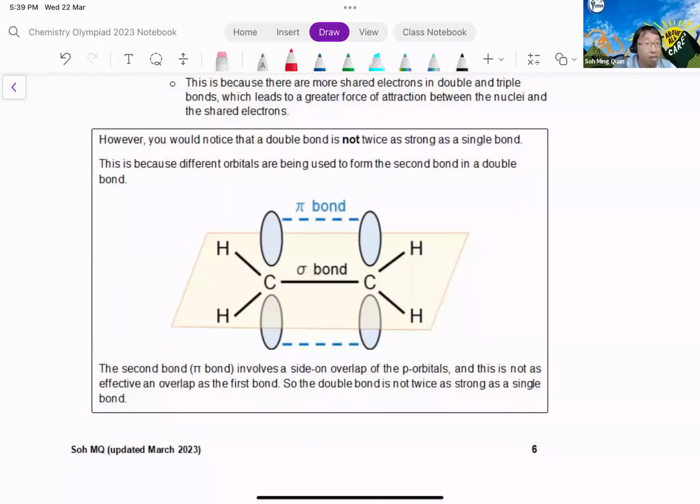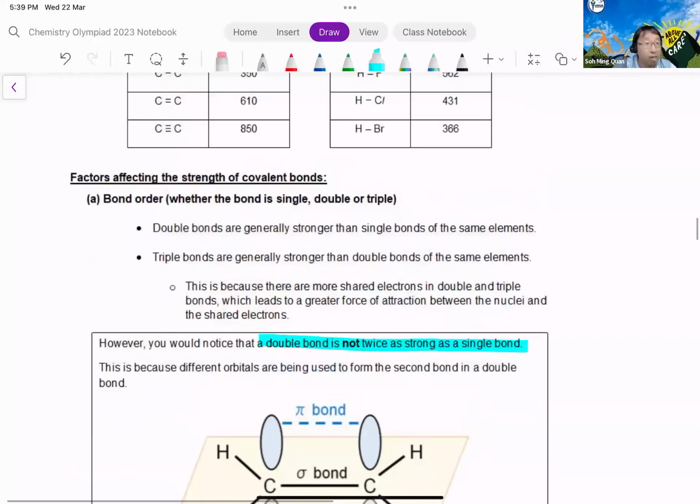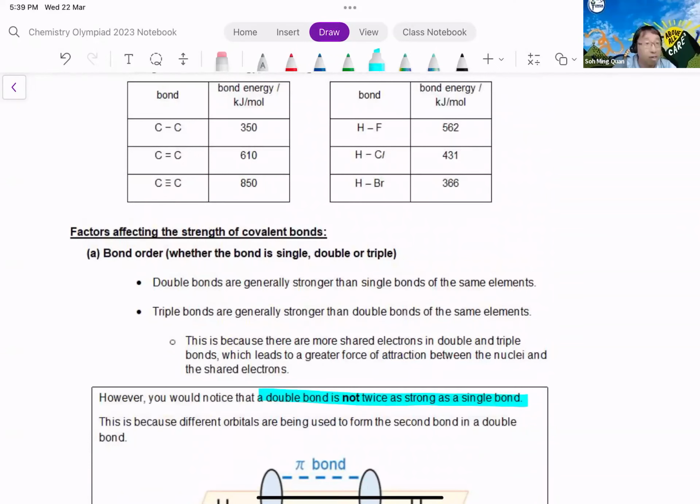How do I know this? Because there are values to back this up. Now, this table shows you bond energy on top. You can clearly see the double bond is 610 kilojoules per mole. What this means is that you need to take in 610 kilojoules of energy to break the double bond.